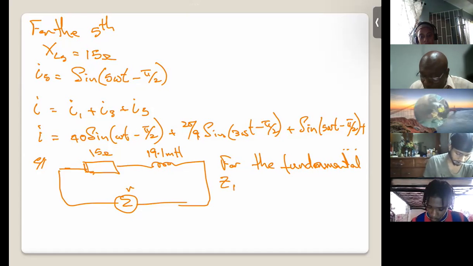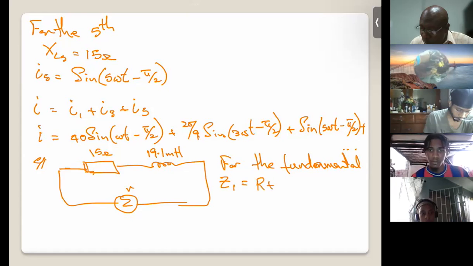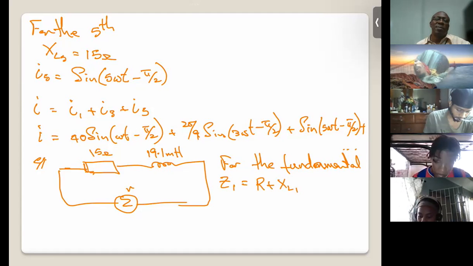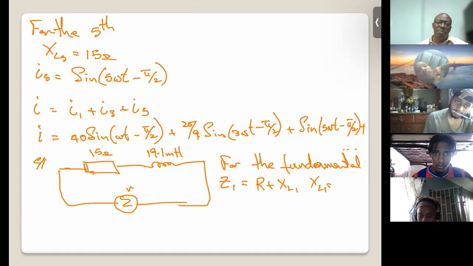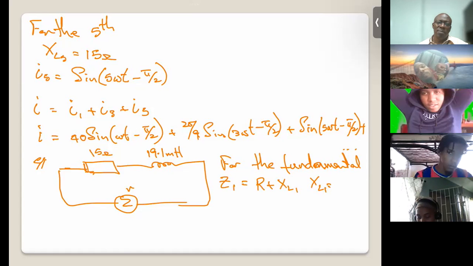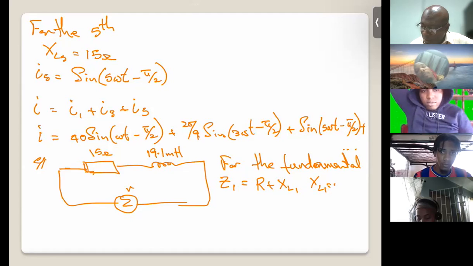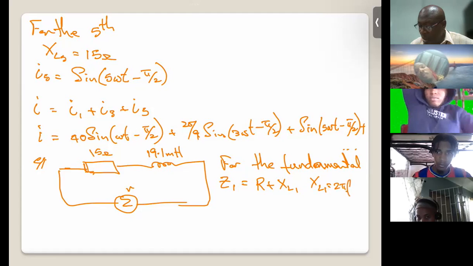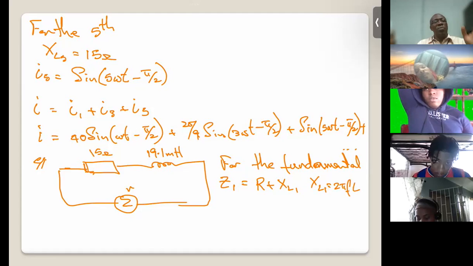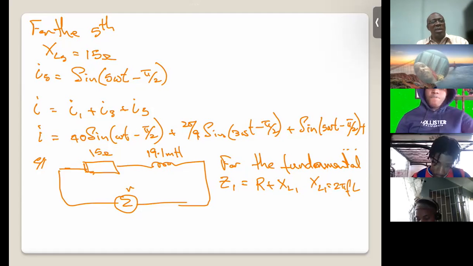So Z1 is going to be equal to R plus jXL1. What is XL1? 2 pi FL. Again, it's the same question, so we keep the F as 50.